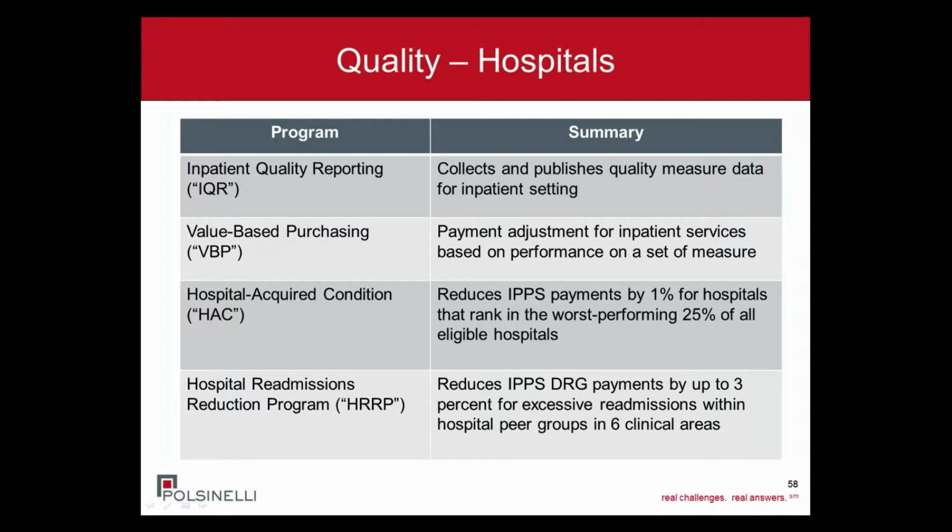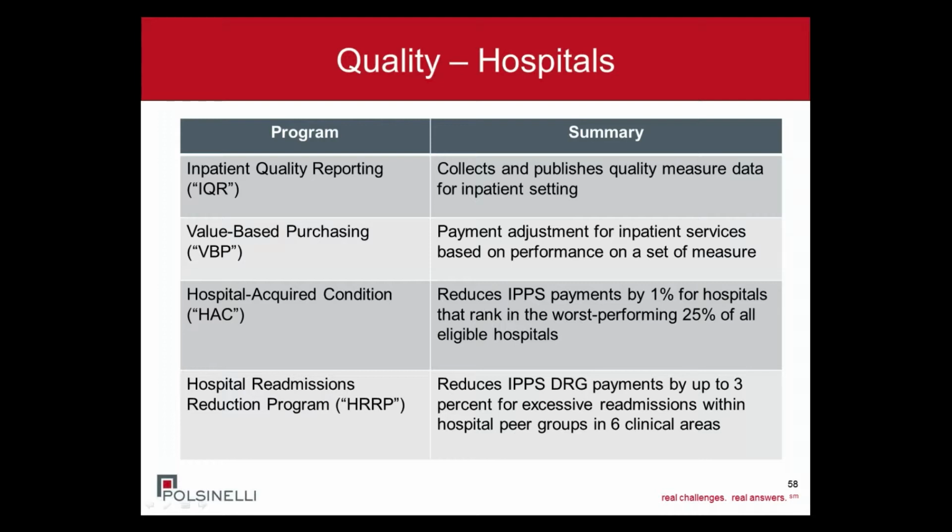So the best way to get people to really focus on those issues is to add a payment incentive to it. So this is an incentive for hospitals to reduce hospital-acquired conditions. And the worst performing quartile of hospitals receives a 1% negative payment adjustment. So it's incentivizing you to stay at least in the top 75% of hospitals with respect to hospital-acquired conditions.